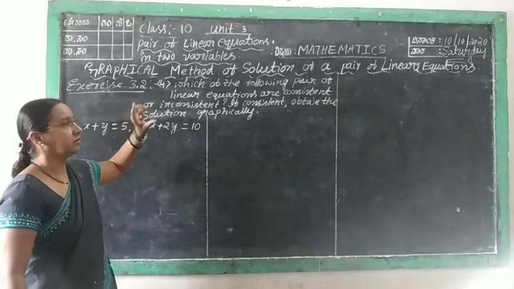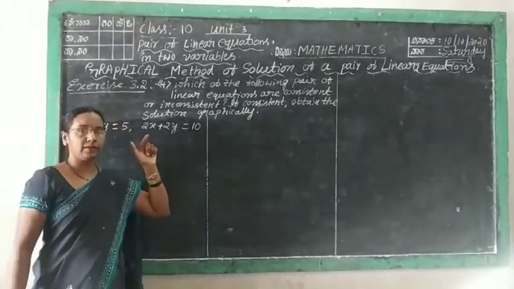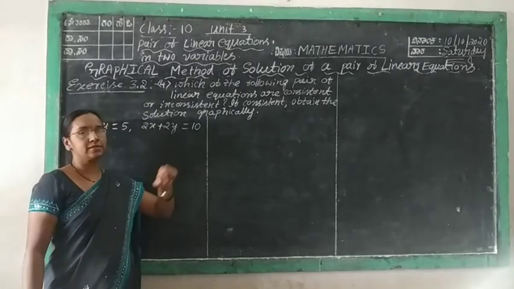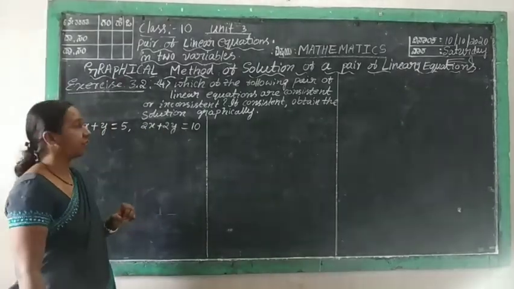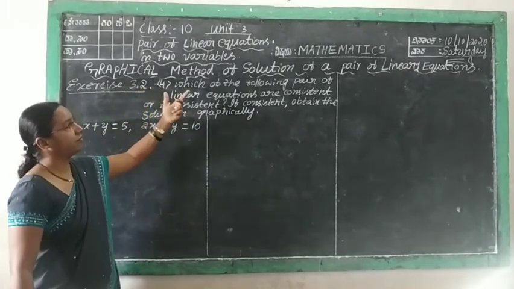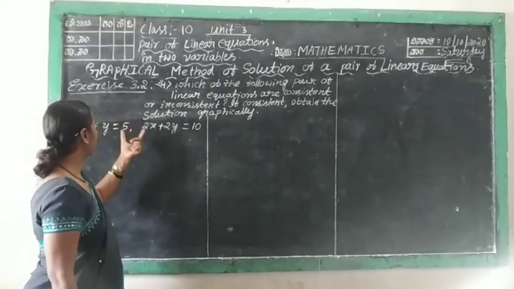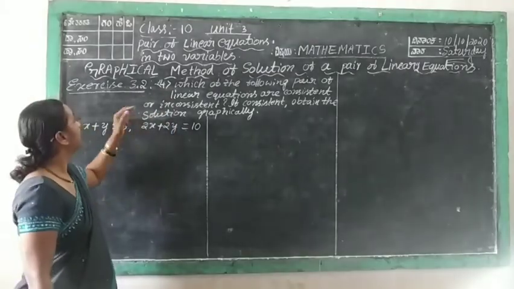We know the 3 important points. By remembering these important points, we solve graphical method problems.